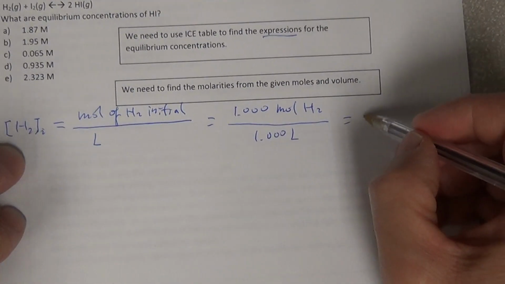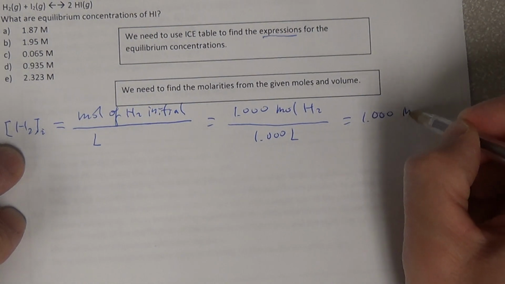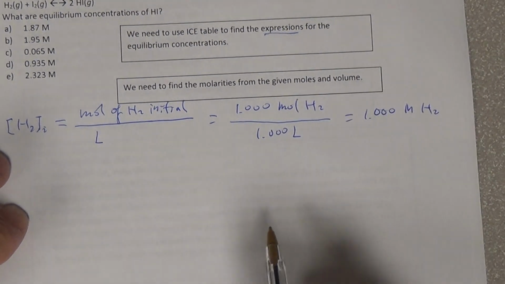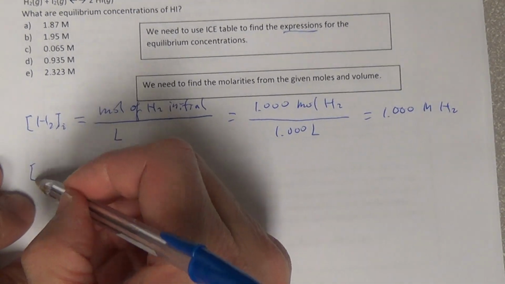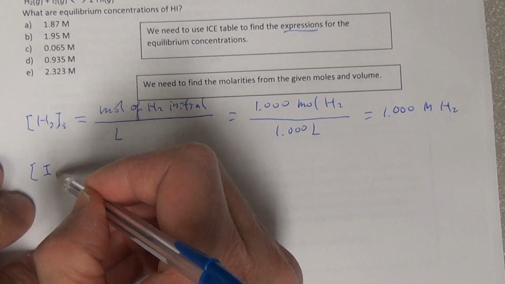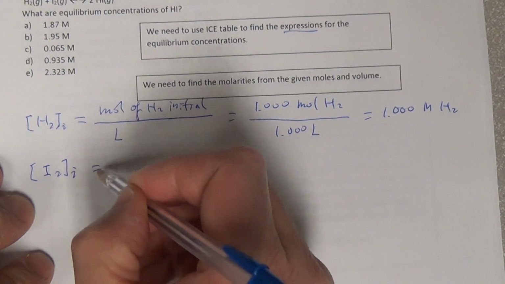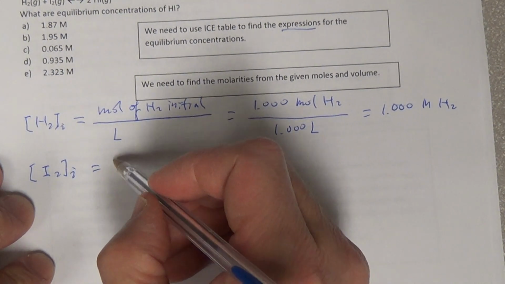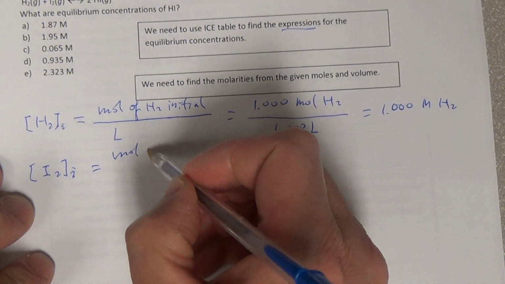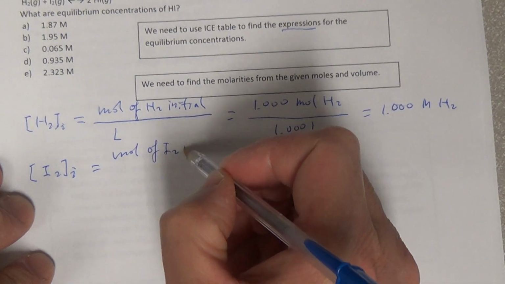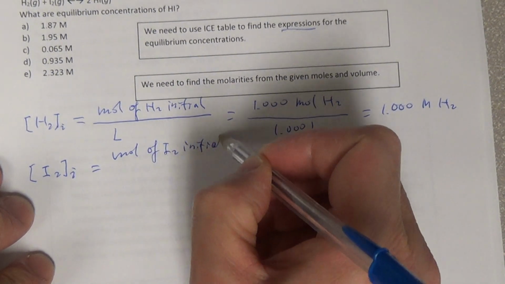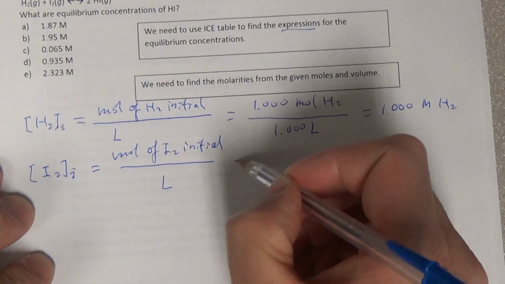So the other one is I2, also initial. So that will become mole of I2 initial divided by liters.